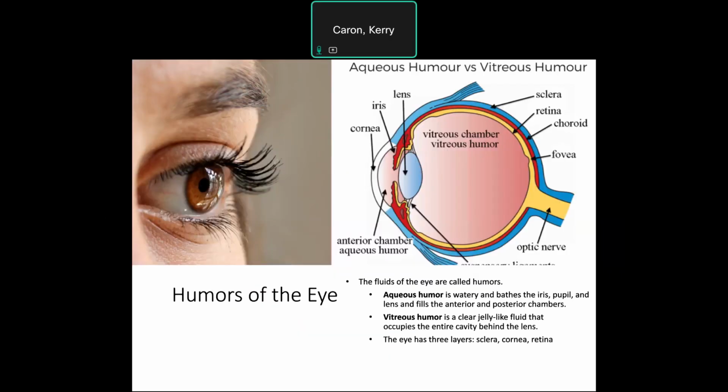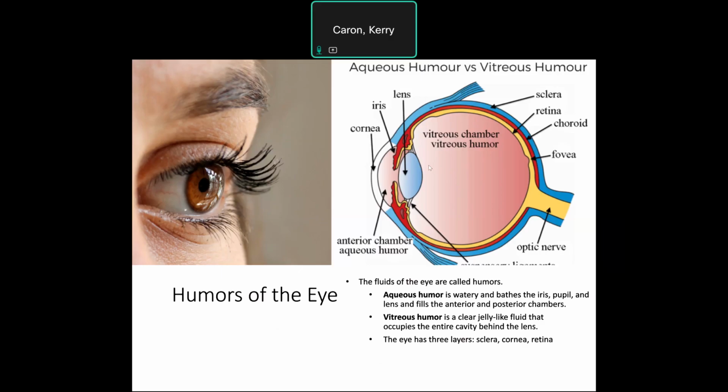Okay, so talking about the humors of the eye, the aqueous humor, like I mentioned before, in the front of the eye is watery and it bathes the iris, the pupil, the lens, and it fills both the anterior and posterior chambers. The vitreous humor in the vitreous chamber, or the biggest part of the eye, is more jelly-like, less watery, but clear, and it occupies the entire cavity behind the lens.